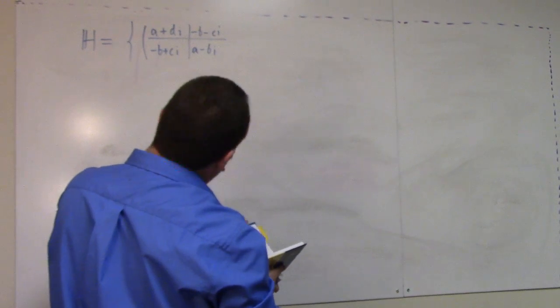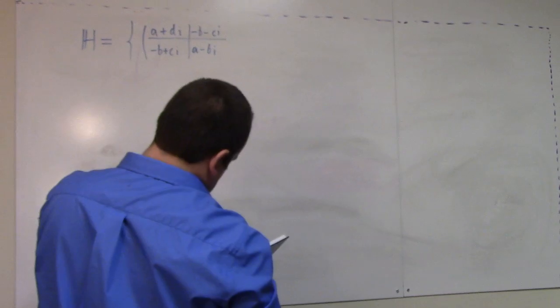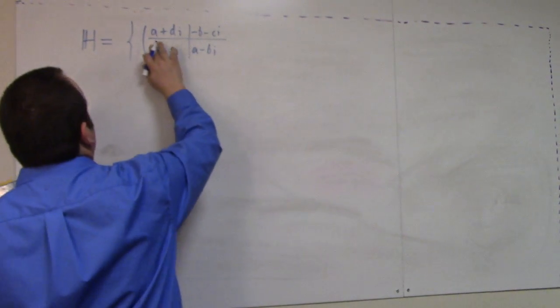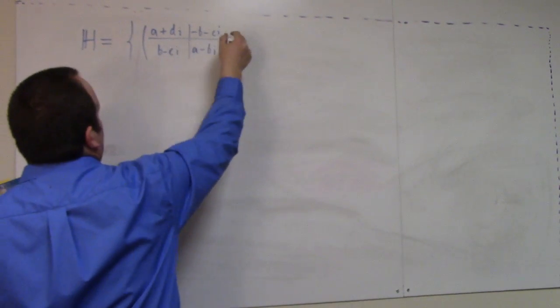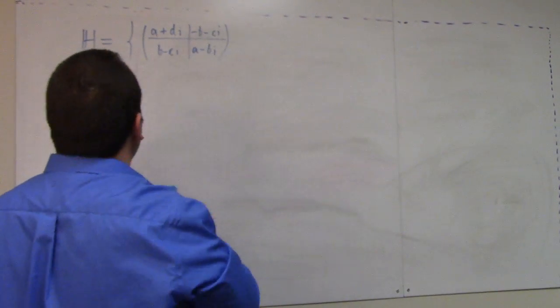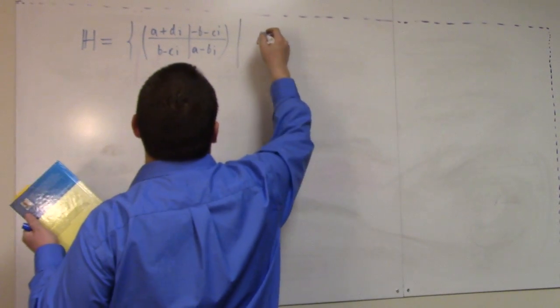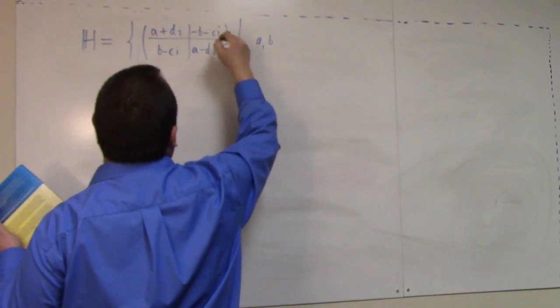I think it depends on where we put the minus on. I think the bottom one is supposed to be positive b. Yeah, you're right. Because if c and d are 0, then it's just a complex number. In the bottom right corner, it's a d. Yeah, it's a d. Sorry.